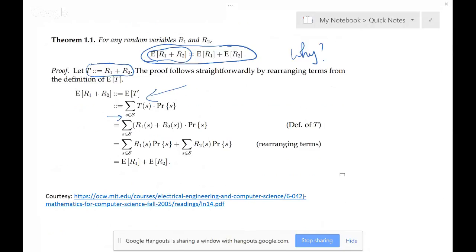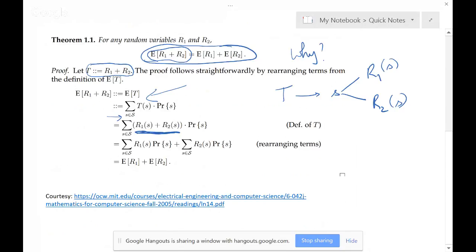Now suppose T takes the value S. S is really coming from two sources. There is an R1 associated with S and an R2 associated with S. The two added together is what led to this value S. So think of it as R1 of S, R2 of S, and that's what they're doing, separating it out here.